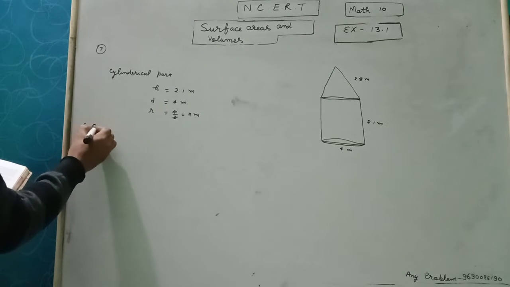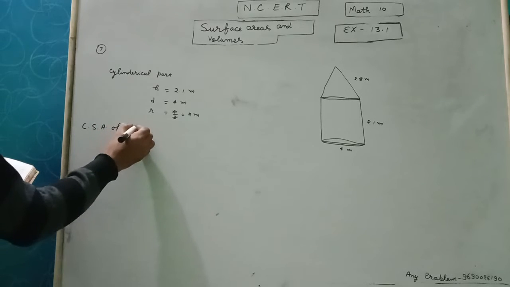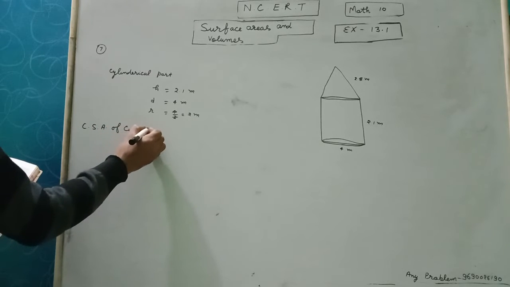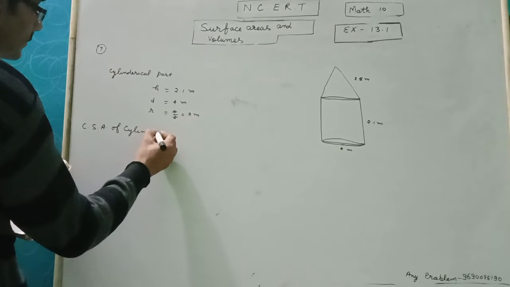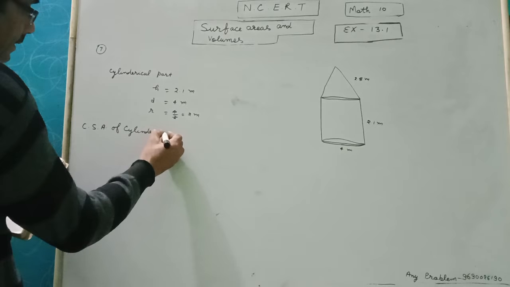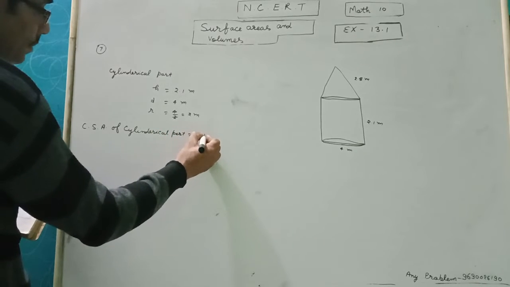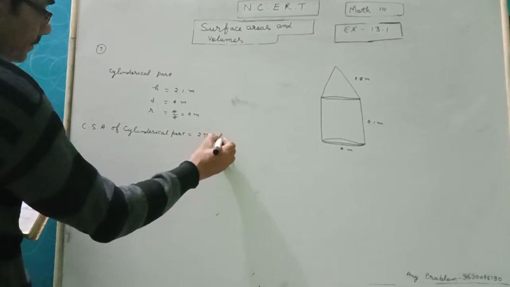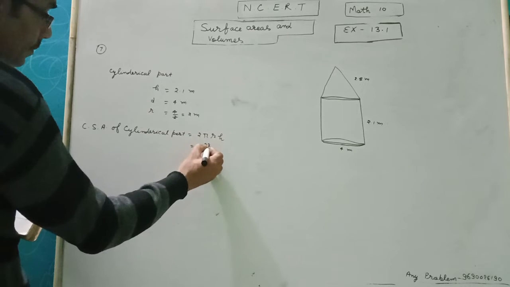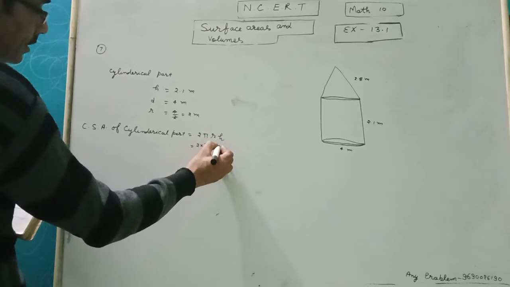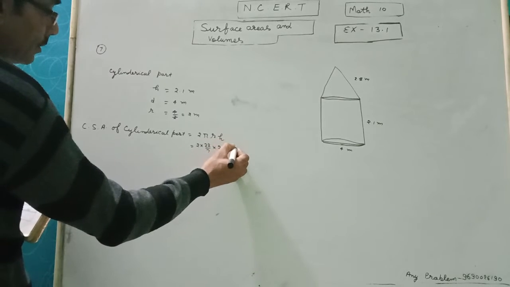CSA of cylinder part is equal to 2 pi RH, that is the formula. 2 into 22/7 into R value is 2, then H value is 2.1.